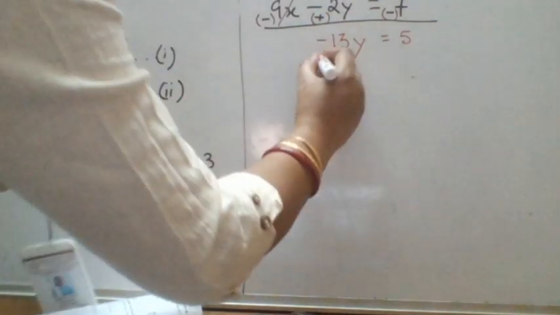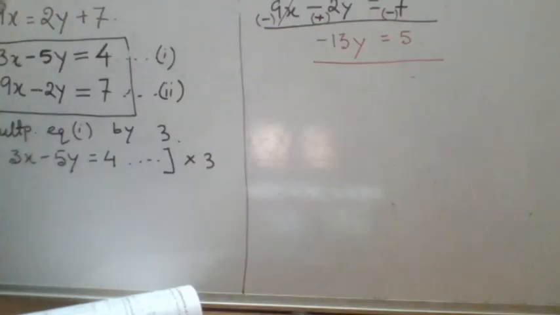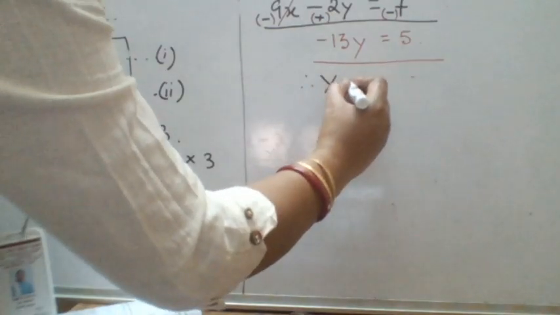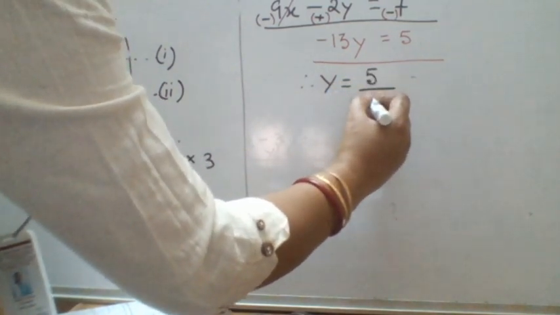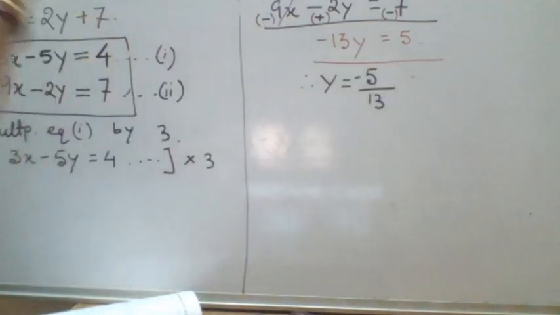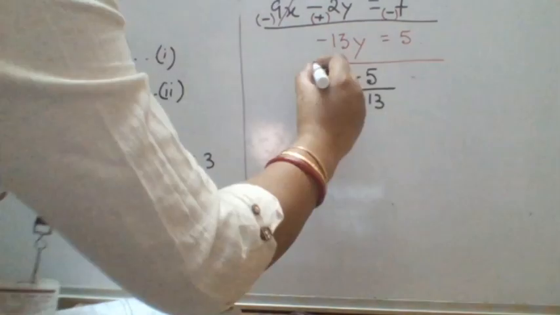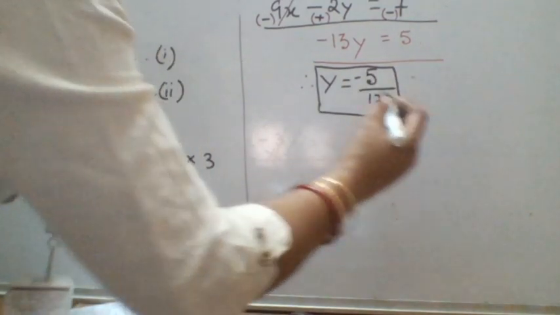Right? In this way you get y equal to, therefore y is equal to 5 upon minus 13, we will write it as minus 5 upon 13. So you get one of the variables, that is y equal to minus of 5 upon 13.